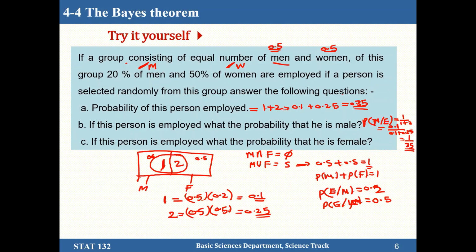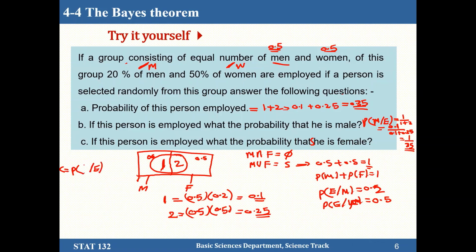Question 3. If this person is employed, what is probability that she is female? This means P of female given already employed.